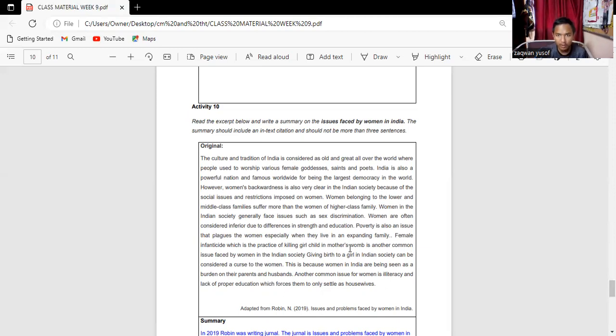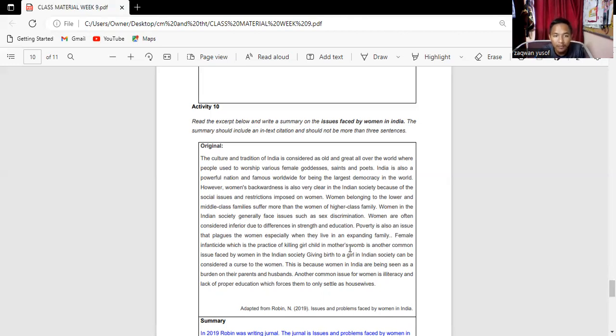Women are often considered inferior due to differences in strength and education. Poverty is also an issue that plagues women, especially when they live in an expanding family.